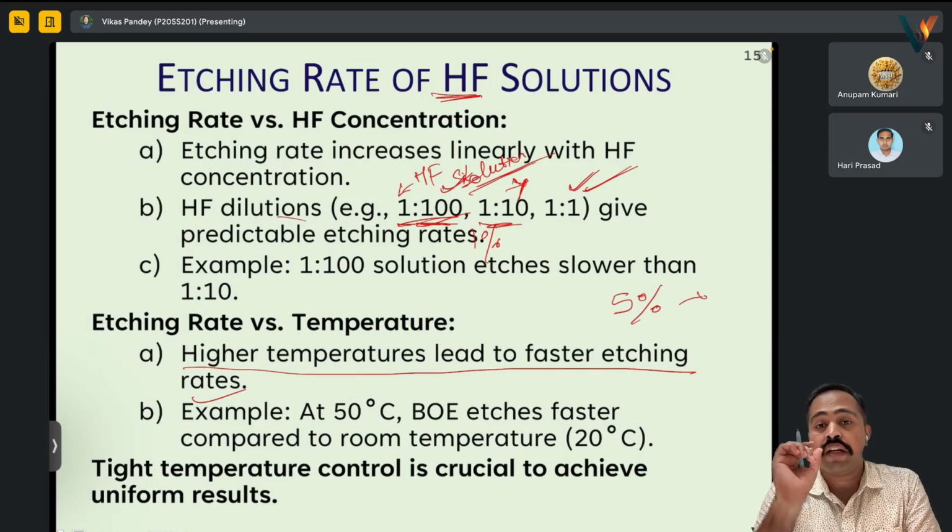So temperature plays a very important role, and a small increase in temperature will increase the etching rate very much.